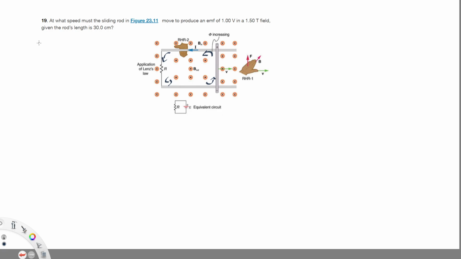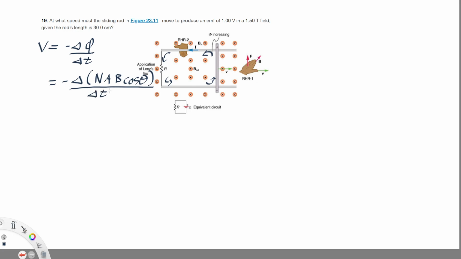So the induced voltage is equal to the change in the flux over time. The flux is the number of loops times the area of each loop times the strength of the B field times the cosine of the angle between them, for B fields that are not already perpendicular to the loop.